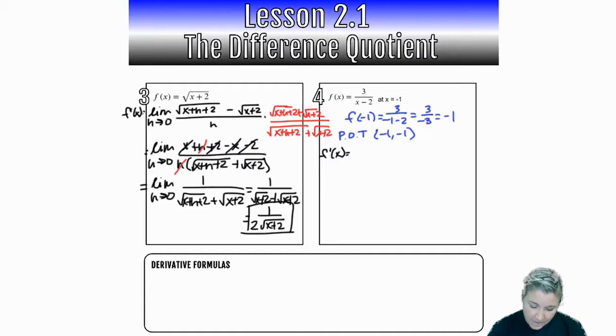So I'm going to have the limit as h approaches 0 of 3 divided by x plus h minus 2 minus 3 over x minus 2, all over h. Then I'm going to find a common denominator in the numerator. So I'm going to multiply this times x minus 2 and multiply this by x plus h minus 2 to get a common denominator.